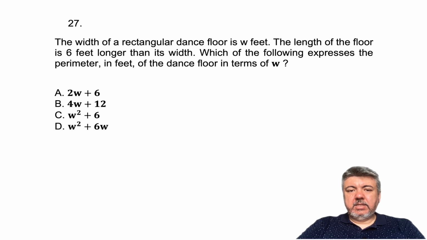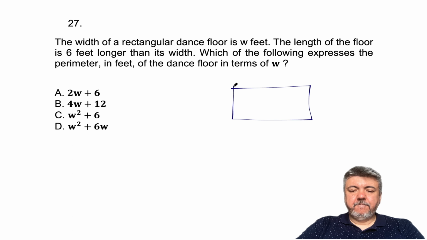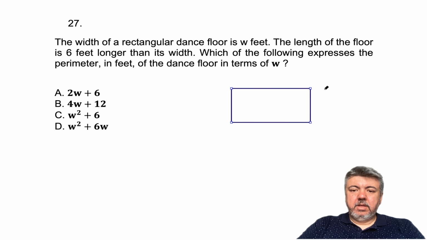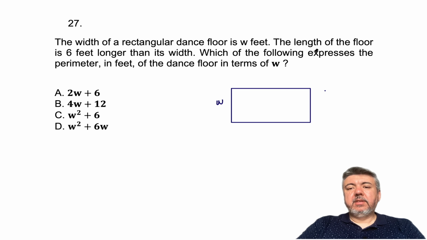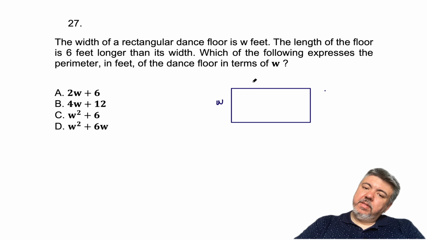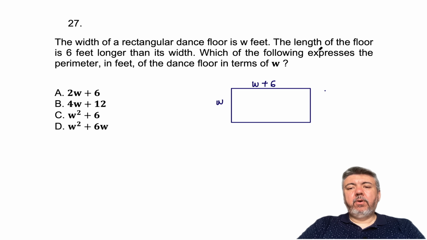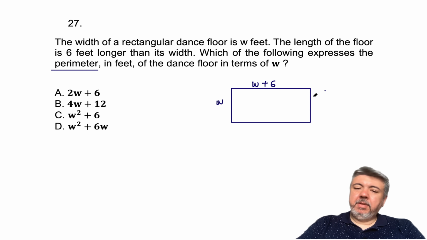Question 27. The width of a rectangular dance floor is W feet. Let me draw something like that: the width and length. The width is W, and the length is 6 feet longer, that is W plus 6. Which of the following expresses the perimeter in feet? Okay, perimeter.